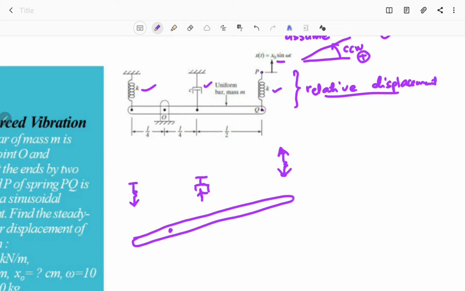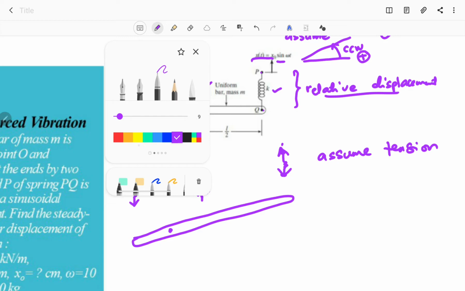Regardless of this position, it's supposed to go up, but because you have relative displacement, I have to assume tension. When you assume tension, this side will go downwards and that side will go upwards. Then I have to determine the direction of this relative to the x here. This side is for x.